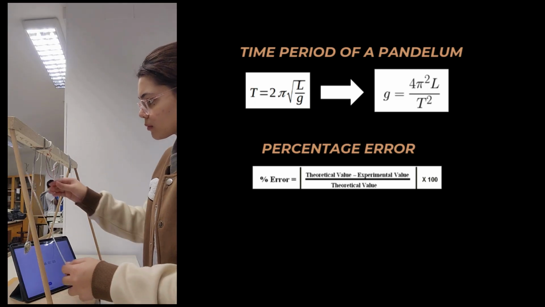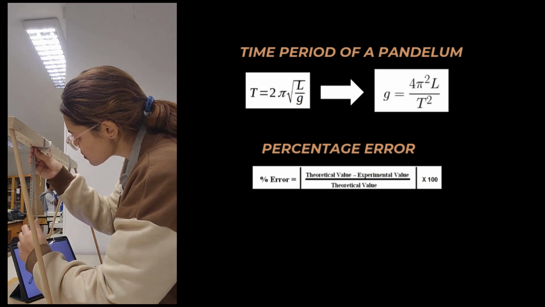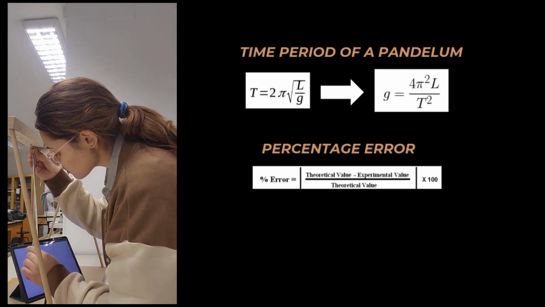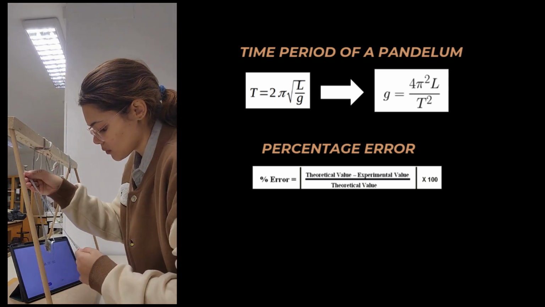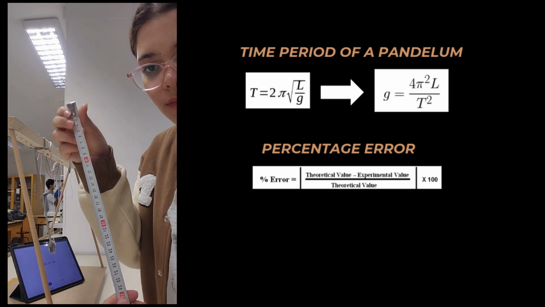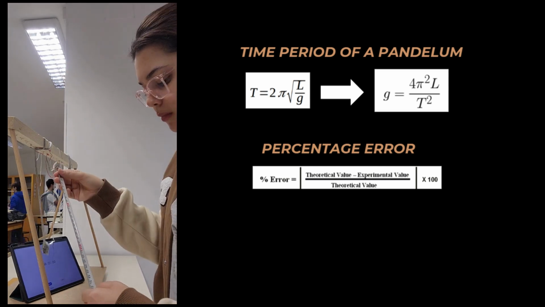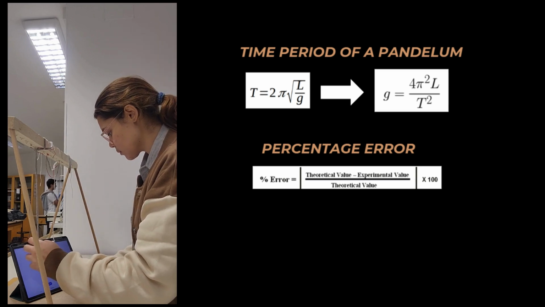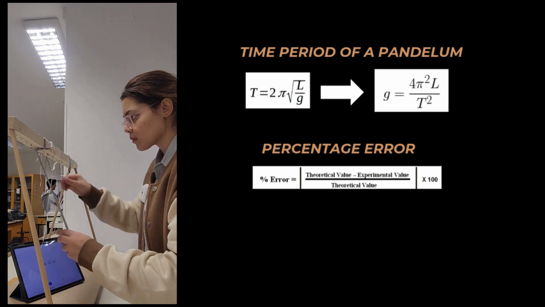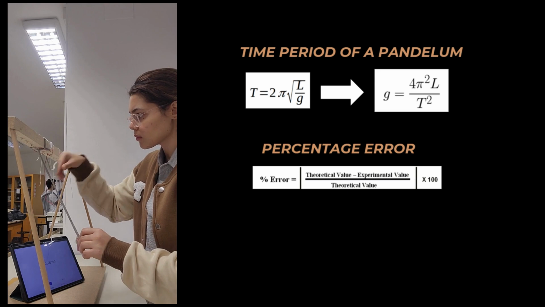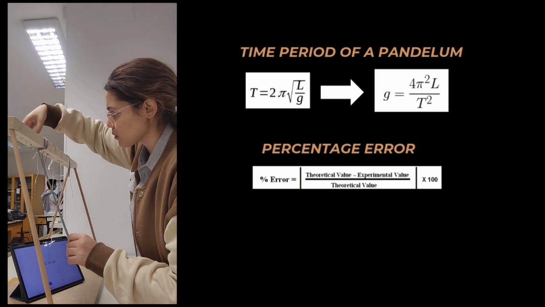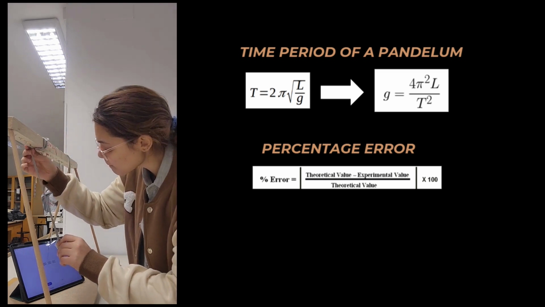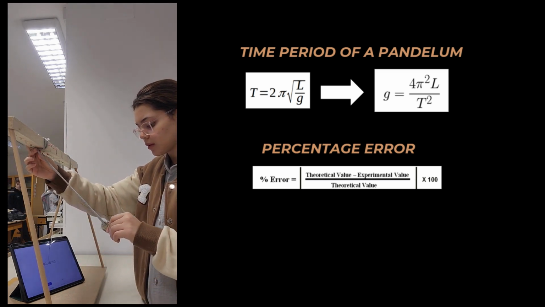The equation I've used to support my hypothesis in this experiment was the time period equation, where T stands for the time period of the pendulum in seconds, and L stands for the length of the string. We can derive the G constant from the main equation and apply the variable lengths of L. In this equation, it shows that the G constant is only relying on the length of the pendulum and the time period in seconds.